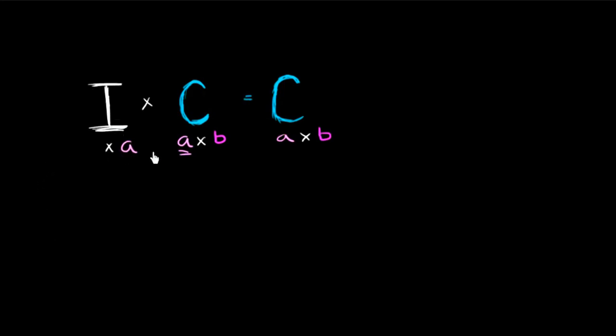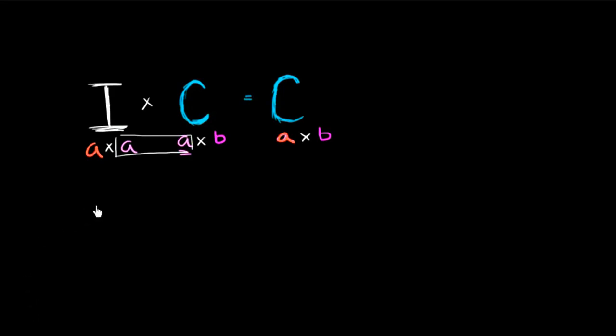We know that the product gets its number of rows from the number of rows of the first matrix being multiplied. So if the product has A rows, then the identity matrix right over here has to have A rows. Now, what's interesting about this?